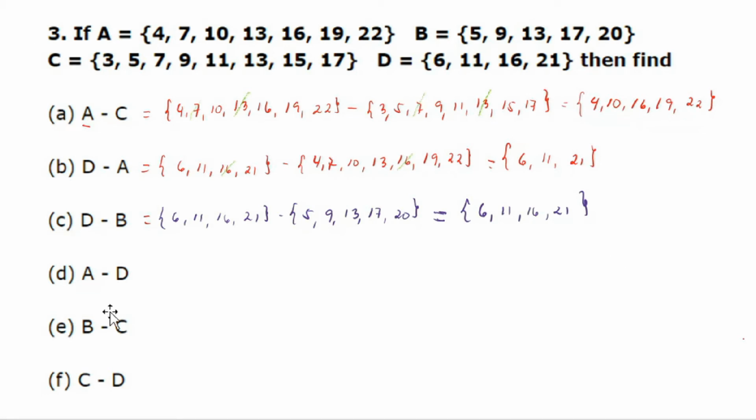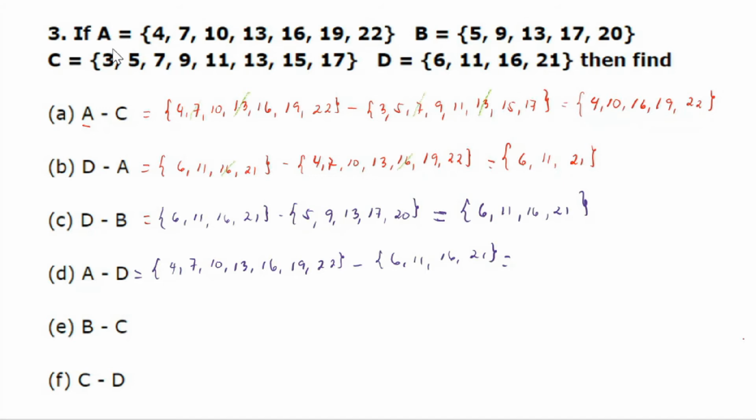Next we have letter D, we have A difference D. So I will write here A difference D. We have A whose elements are 4, 7, 10, 13, 16, 19, 22. Difference D whose set D is 6, 11, 16, 21.